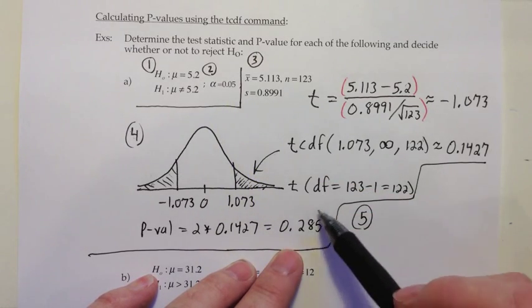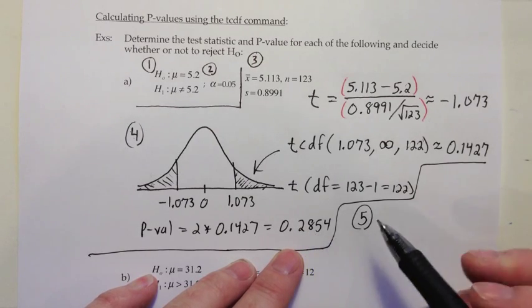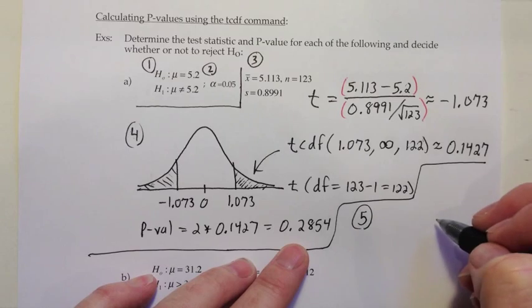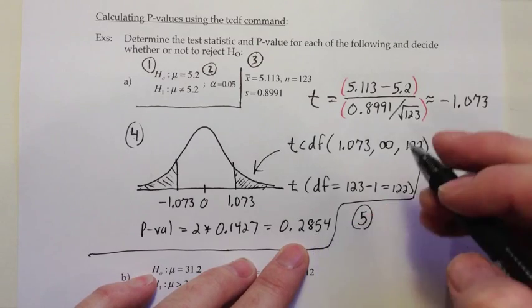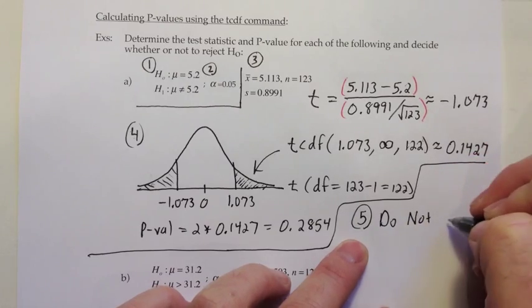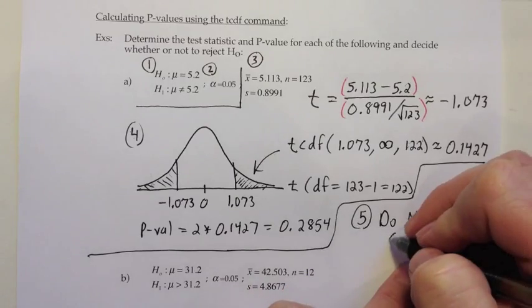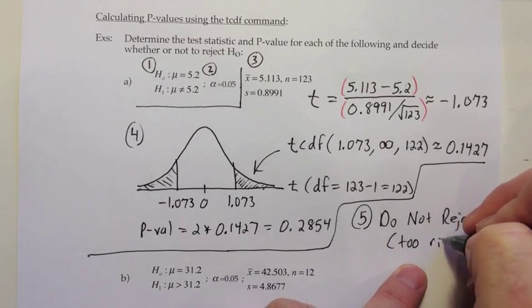So this is almost 6 times more risk than I'm willing to take of making a type 1 error. And that would be the error if I decided to reject H0. Because that risk is too high, I'm going to avoid that risk and say do not reject H0. And my reasoning would be that it would be too risky to do that.